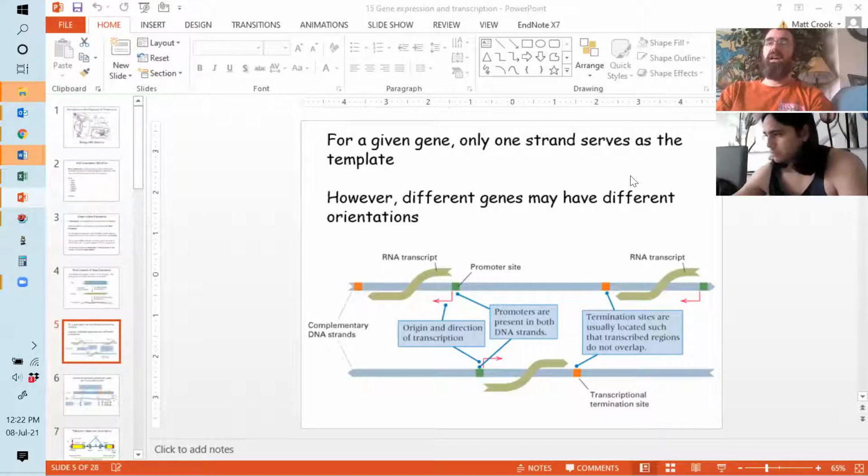And so you can even have genes overlapping, which is kind of rare, but it's not uncommon. Or it's not impossible rather.